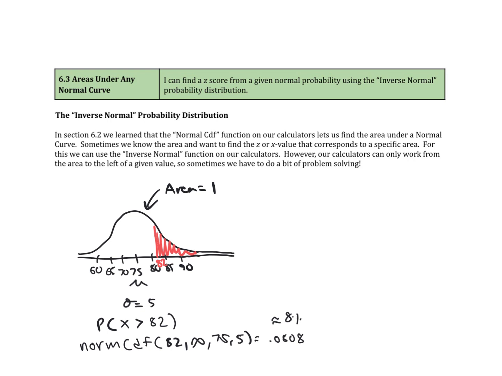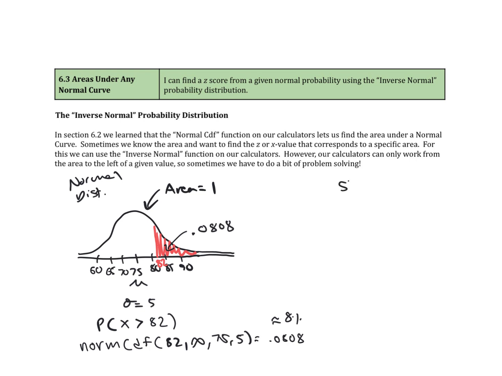But what we actually found is the area of that shaded region. 0.0808 is the area of that shaded region. And that's for a regular normal distribution.